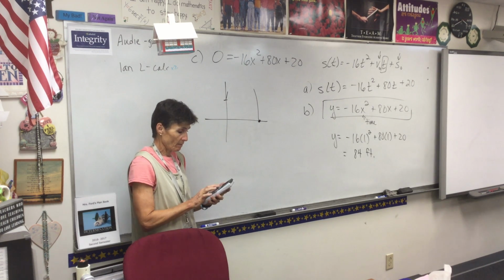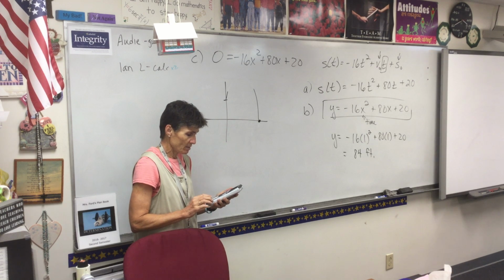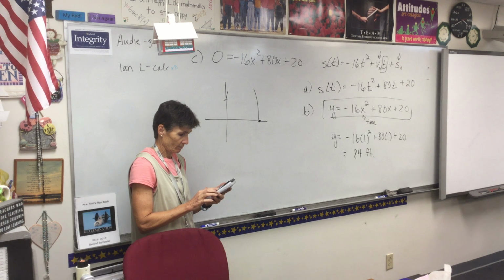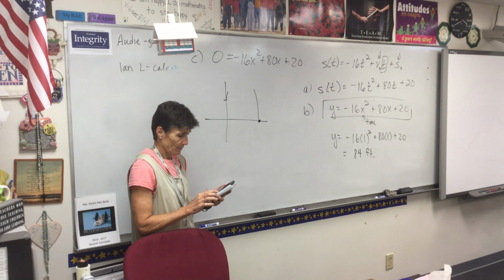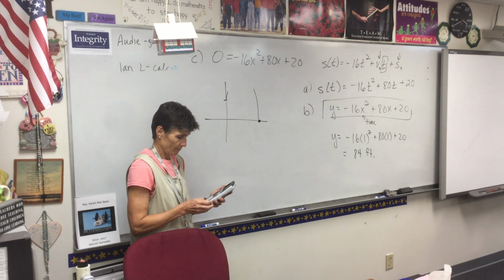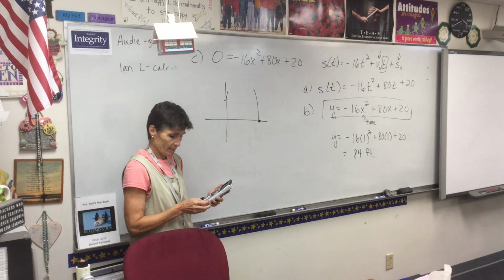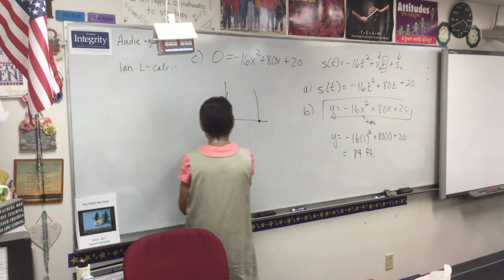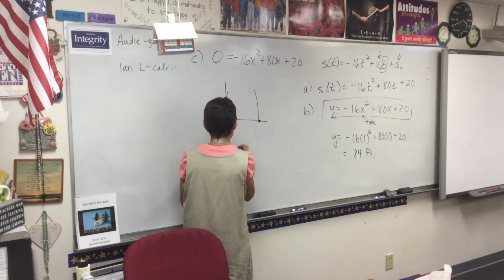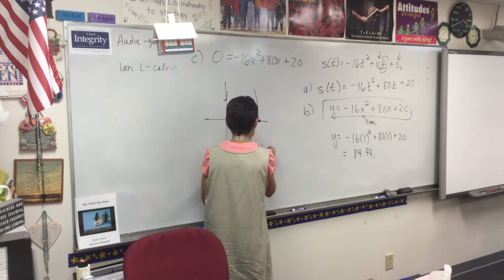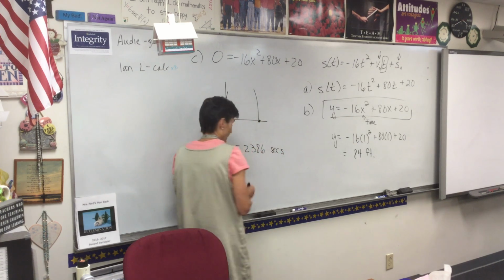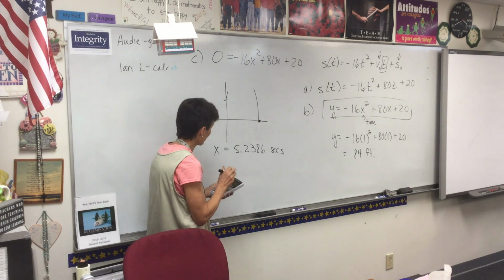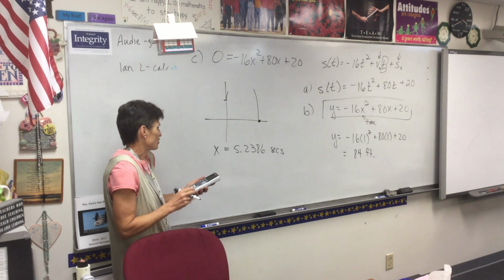That's what I need. So I'm going to find it with my second Calc 0 menu. And I think my answer is about 5.2386 seconds. Does it tell me how to round that off? No. So when is the ball on the ground? At about 5.2 seconds.